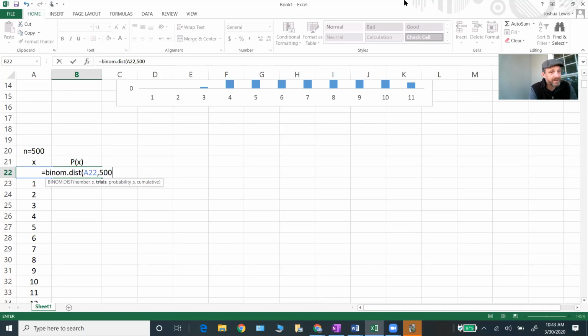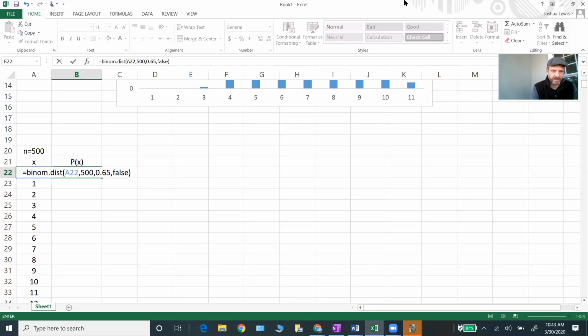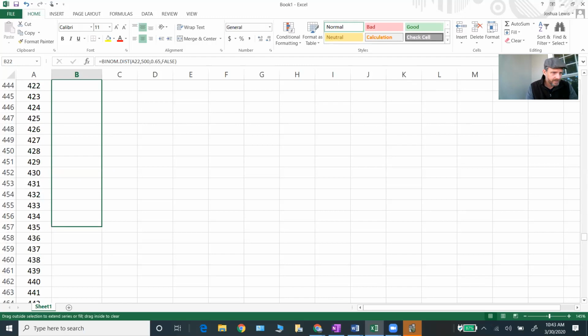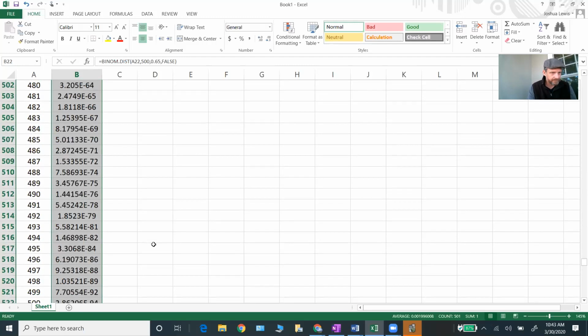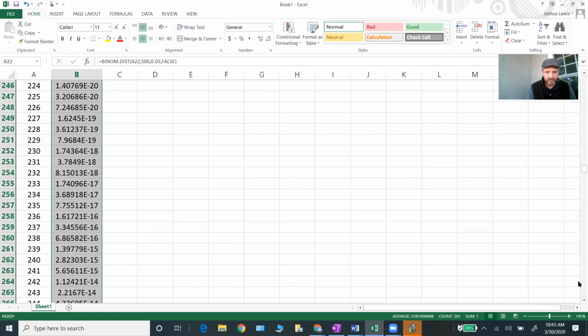This time I have 500 trials. Probability of success is still 0.65, and I want false because I don't want the cumulative probabilities. I want the individual probabilities. And now I'm going to drag this down. All right. Now, when I build my chart, I want you to notice something.